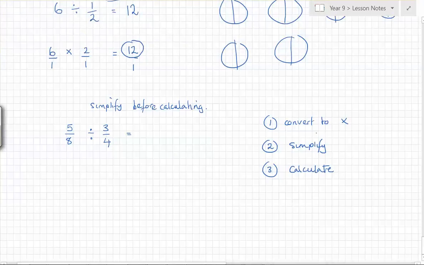We have to convert it. It's divide at the moment, so we need to convert to multiplication. So remember, what do we do? 5 eighths, but then it's times what? 4 over 3. So we take this fraction and we flip it upside down. We take the reciprocal.